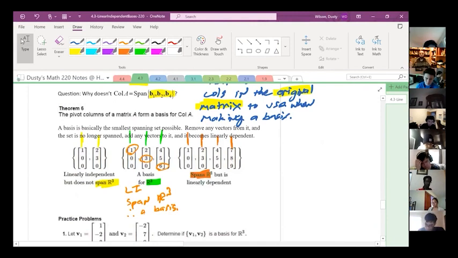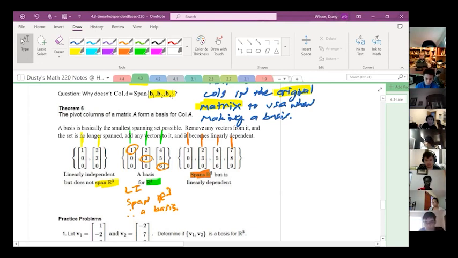So what did we talk about today? Today we talked about the idea of linearly independent sets and bases. We said a basis is a set that spans the space and is linearly independent.